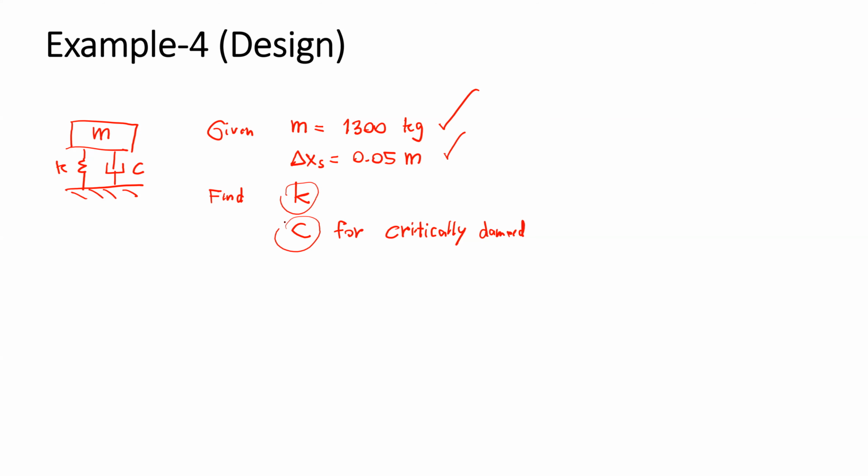We should begin with finding the stiffness K. When we draw the free body diagram of the mass, under the static deflection, when the velocity is 0 and it doesn't move, the damping force Fd equal to C x dot is equal to 0.